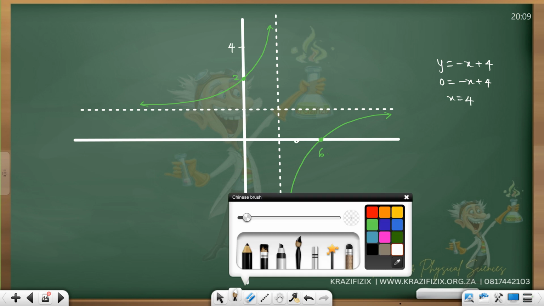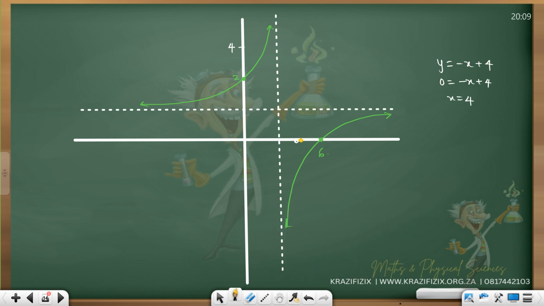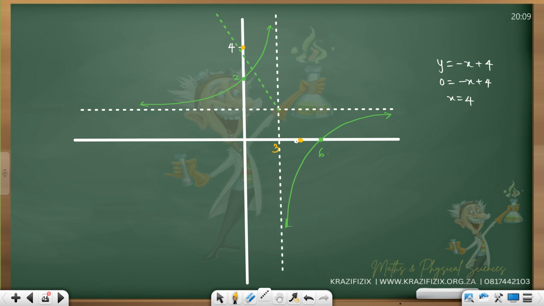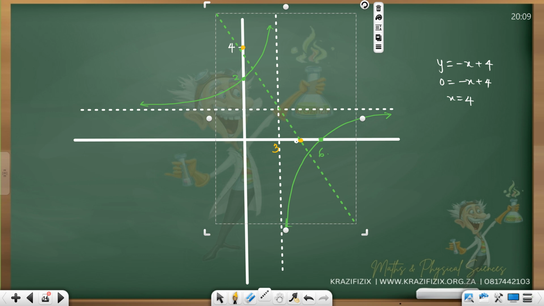Okay, I want us to see something here. This is a 3. So minus x plus 4, my axis of symmetry would look like this. It must pass through. This graph will not really assist me in doing what I want to do, but I want to show you something important.